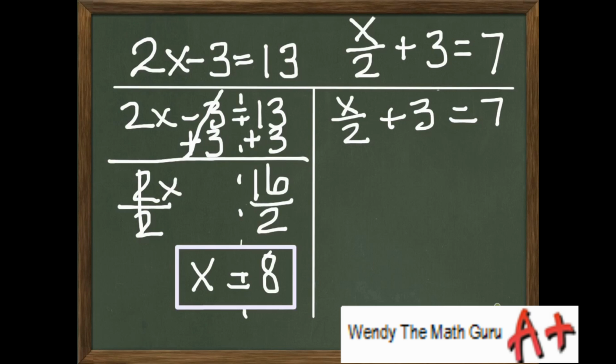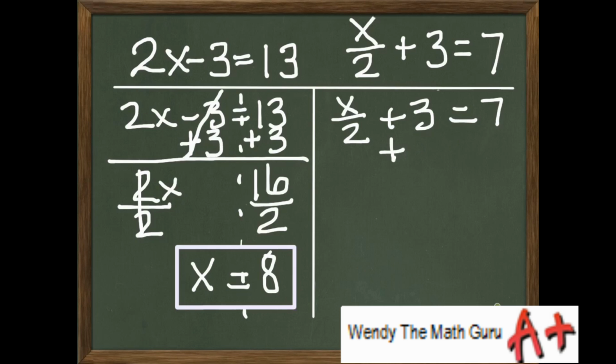So we need to get x by itself again, and we need to create an additive inverse for plus 3. So there's kind of two ways you can think about this. You can use the addition property of equality, and you can add a negative 3, and that will create an additive inverse for the plus 3, because plus 3 plus negative 3 will give you 0.